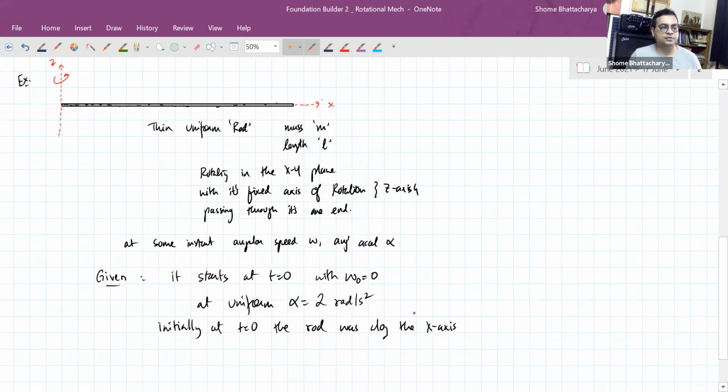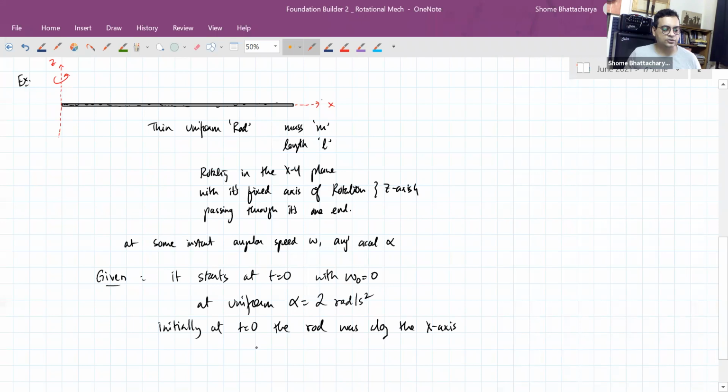So it's as in the diagram shown. Here you can understand that the y-axis is coming out of the plane. So it's rotating in the xy plane, but initially it was oriented along the x-axis. Initial angular speed was 0 and angular acceleration is uniform and 2 radians per second square.